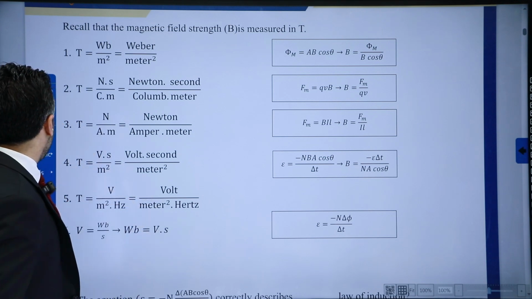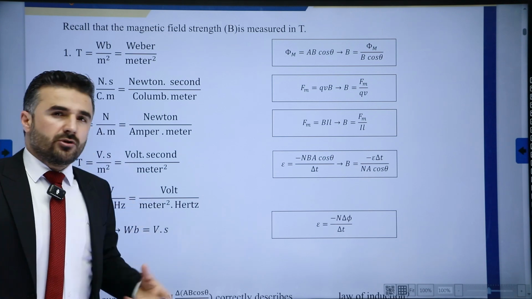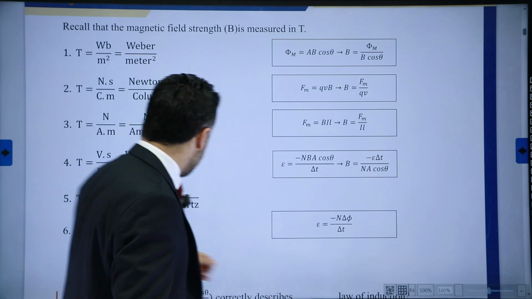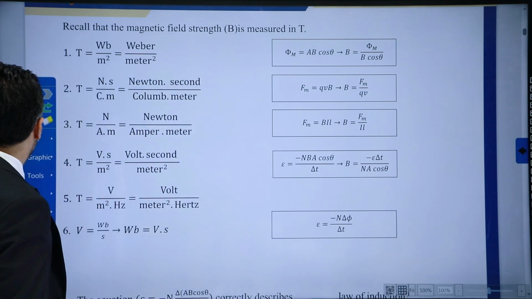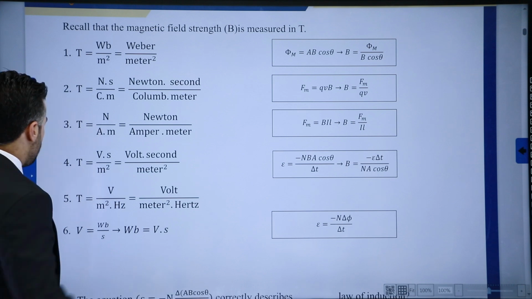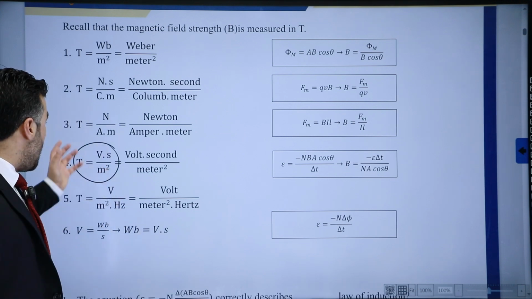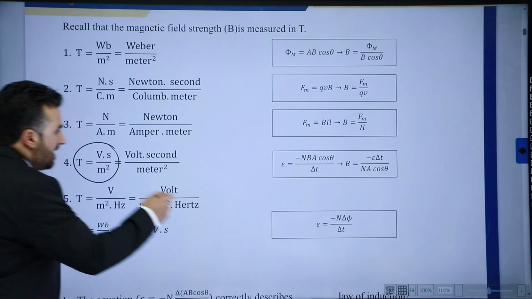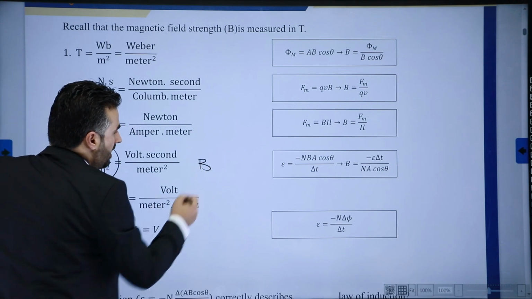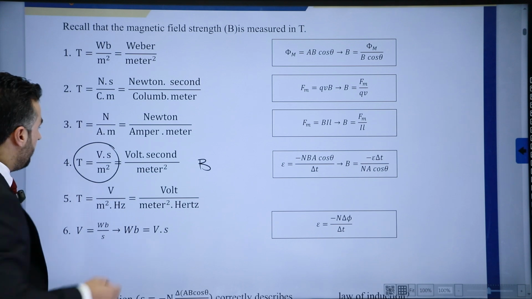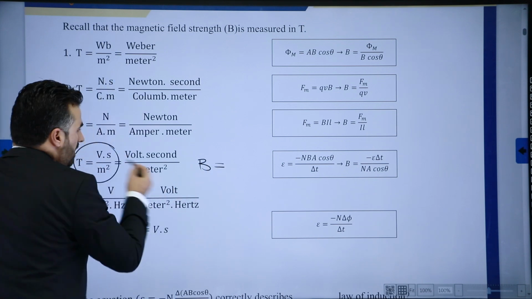You can work backward. What do I mean by working backward? Let's say you have these units here. Let's say I don't know whether this unit is correct or not. But I do know that Tesla is for the magnetic field strength here. And of course, I do have the volt.